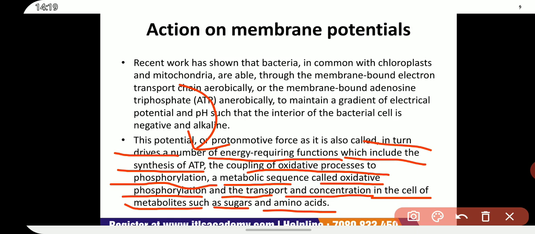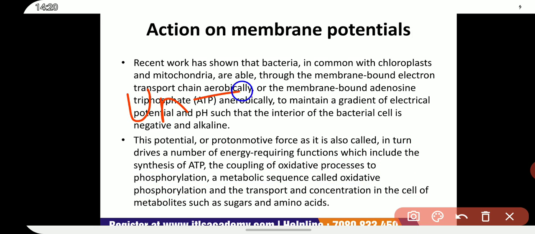Certain chemical substances have been known for many years to uncouple oxidation from phosphorylation and to inhibit active transport, and for this reason they are named uncoupling agents. So we can say that uncoupling agents are those agents that inhibit the transport of electrons from one place to another, and that is they cause a reduction in ATP.